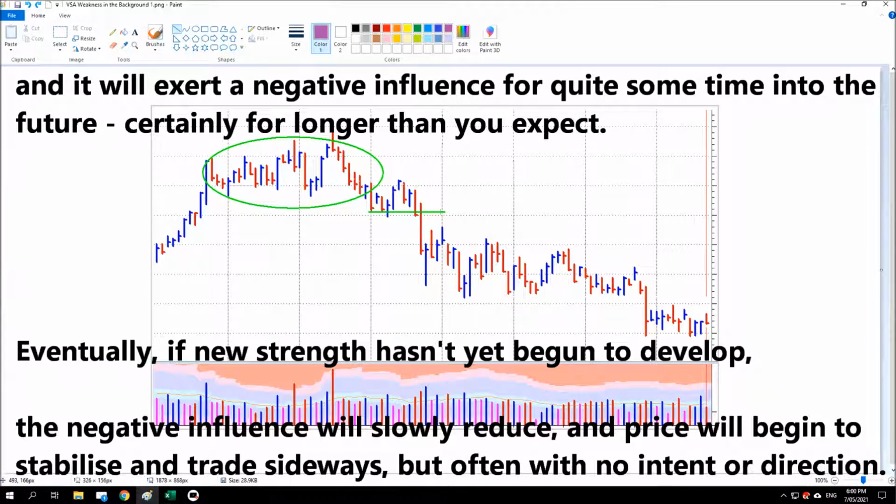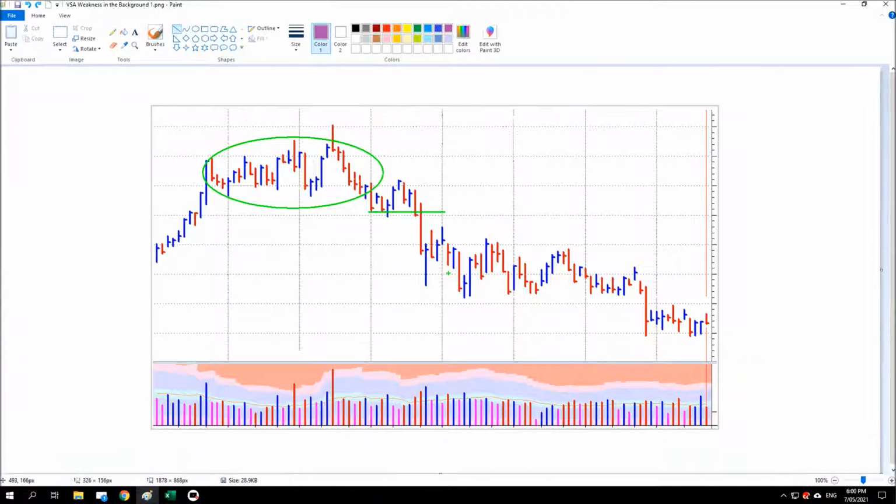And that's why price continues lower and is unable to find ongoing support, because the weakness that originated up here, remember, it's probably professional traders who have exited the stock up here, and they were the ones driving it higher, and they're no longer driving the chart. They're no longer driving price higher.